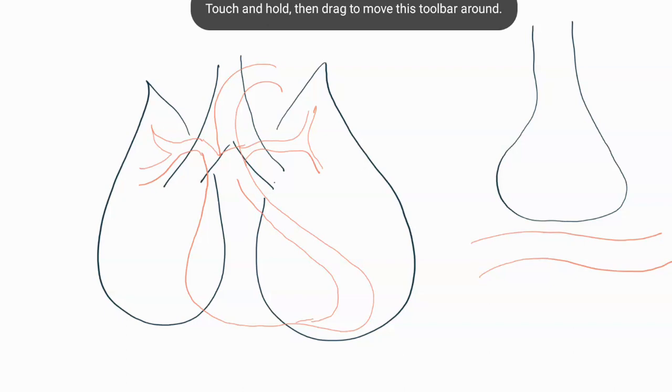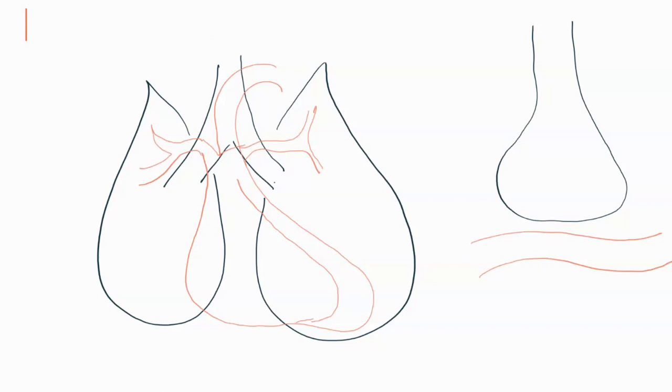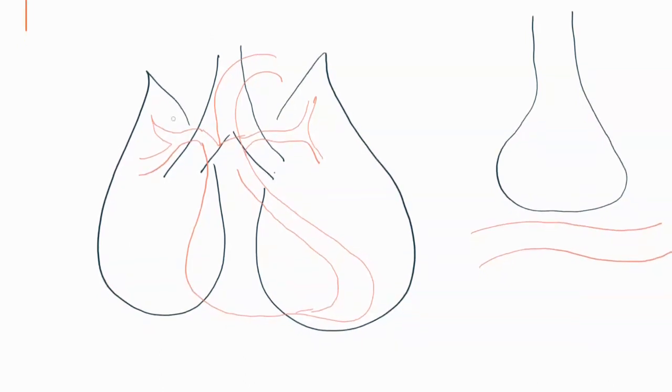Let's start with the healthy, erect patient. To consider this, we can divide the lung into three zones: the upper zone, the middle zone, and the lower zone.